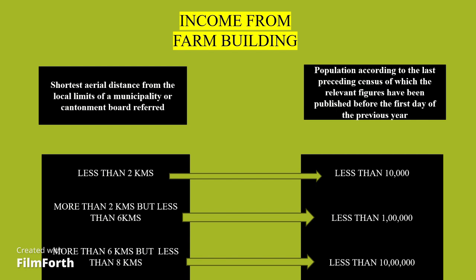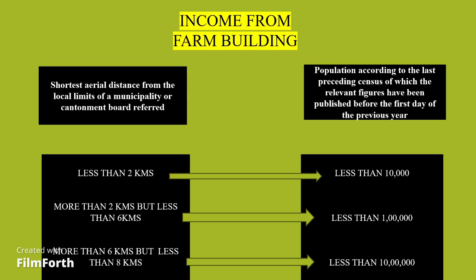Rule 8. Income from the growing and manufacturing of tea in India. This rule applies only in cases where the assessee himself grows tea leaves and manufactures tea in India. Income derived from the sale of tea grown and manufactured in India shall be computed as under. Step 1.